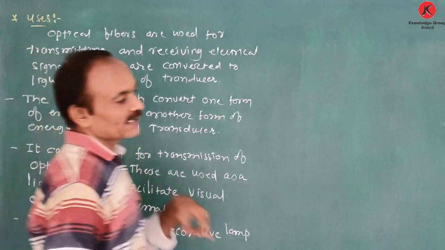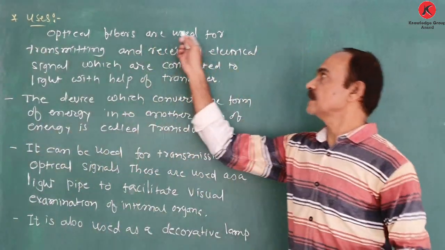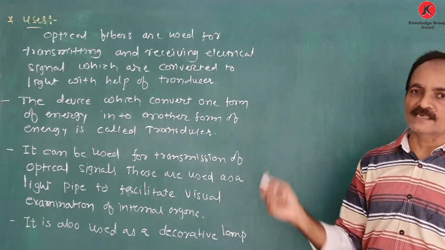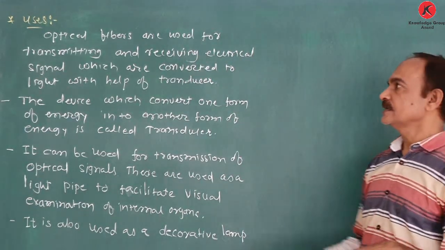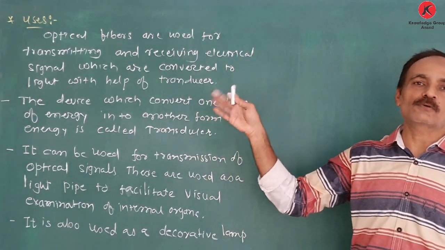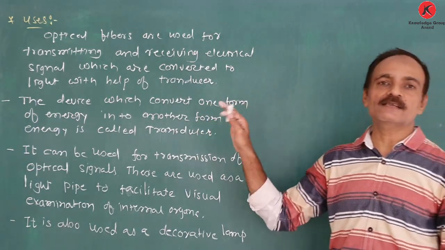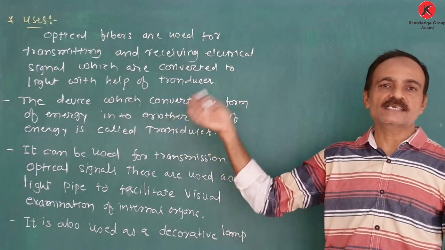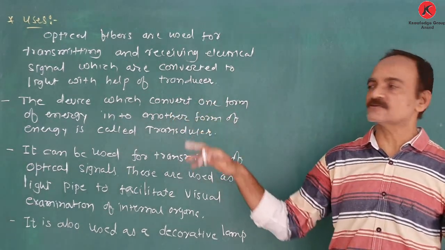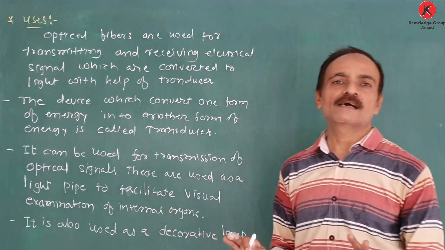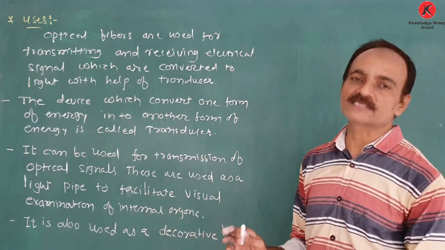Now, uses of optical fibers. Optical fibers are used for transmitting and receiving electrical signals. In a communication system, sound, audio, or video files are not transmitted directly because they do not travel a long distance. So first they are converted into electrical pulses or electrical signals. These electrical signals are also weak and not able to be transmitted or received.